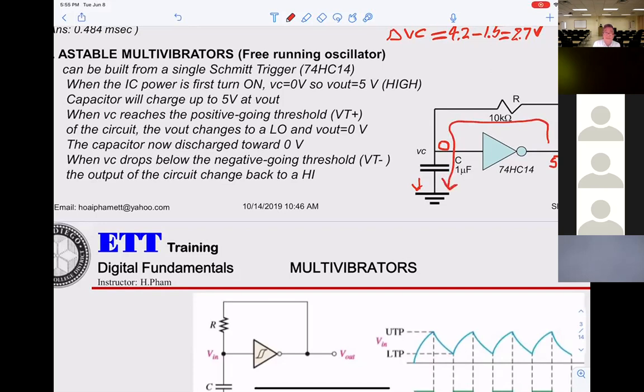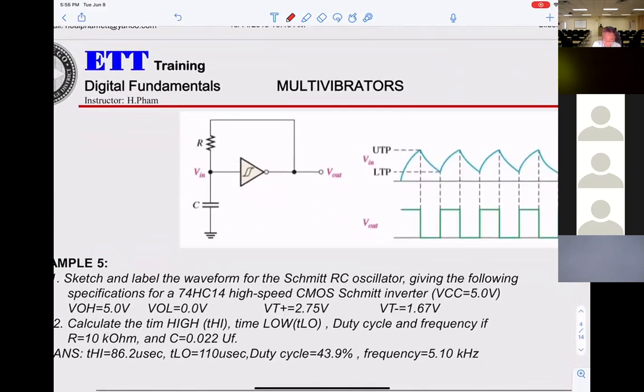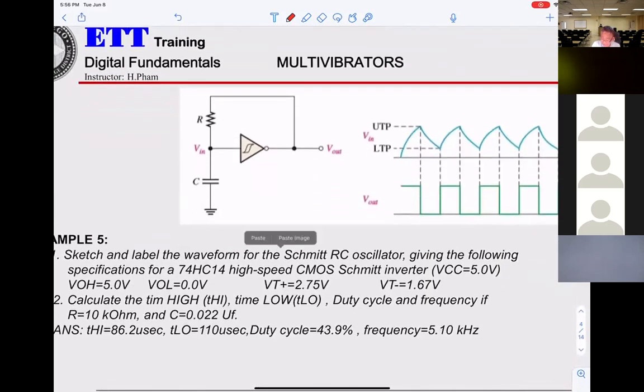That's the current I, and it will be charging the capacitor. When the capacitor reaches 2.75 volt, that means logic high at the input, the output will be low. That will be shown right here on the example.